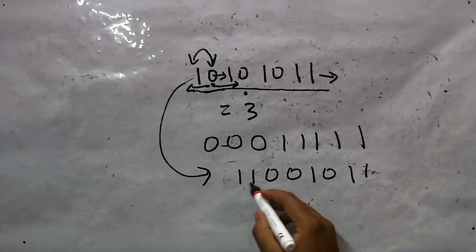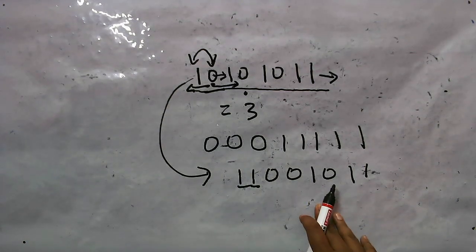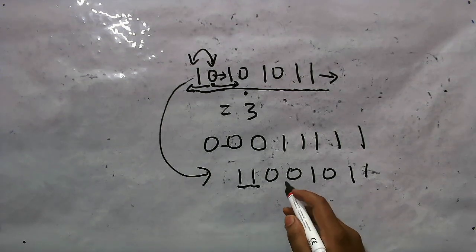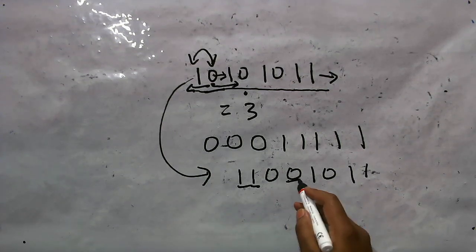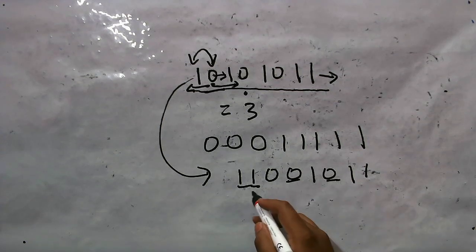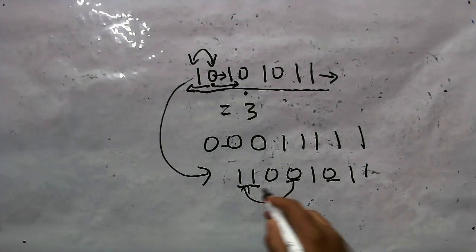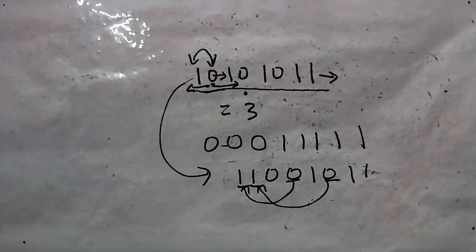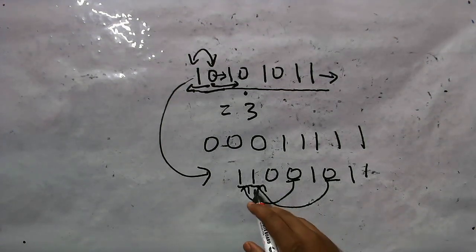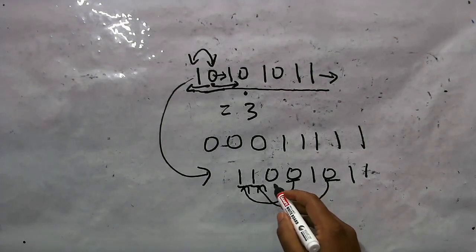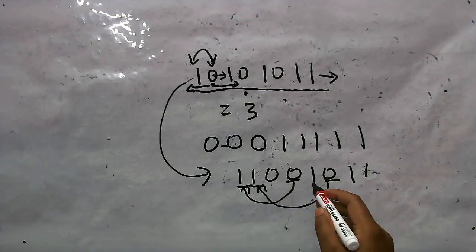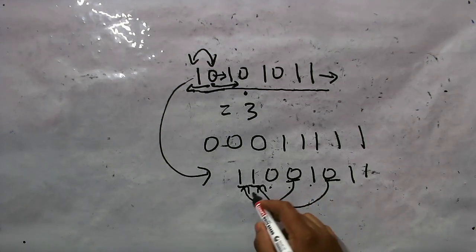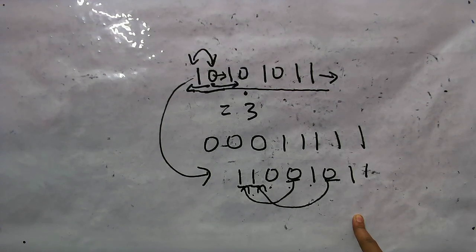Now again, these two positions need to be filled by zeros, so we need to put these two zeros over here, which will be computationally expensive, as for this zero we require two swaps, and for this zero we require four swaps. So this is not the best approach.